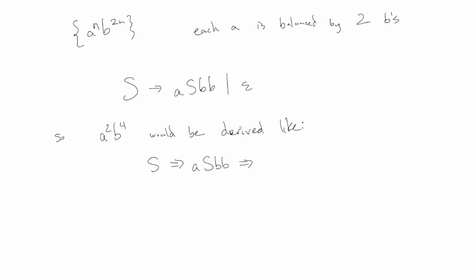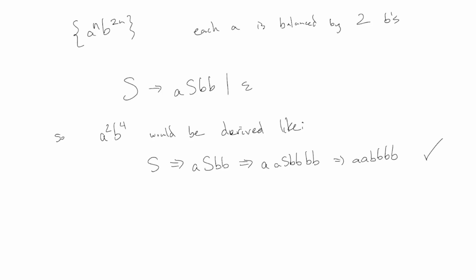The inner S becomes another ASBB, so it's now going to be AASBBBB, and that's actually what I want. I have two A's and four B's, and so we do the S goes to epsilon step just to finish it off. AABBBB. And then I put a check mark because I'm satisfied with myself that I've been a good boy today. All right? Each A is balanced by two B's.